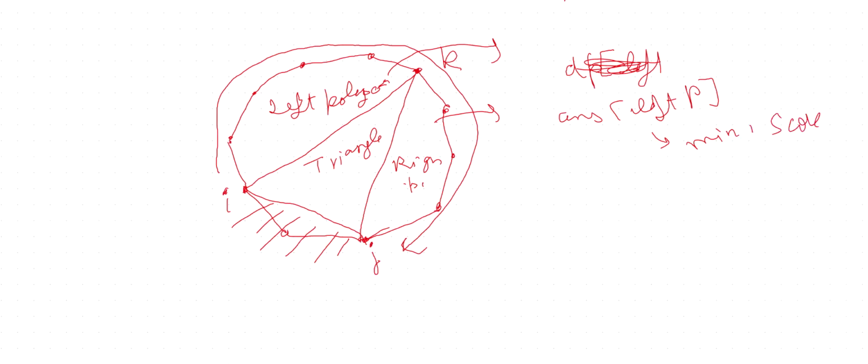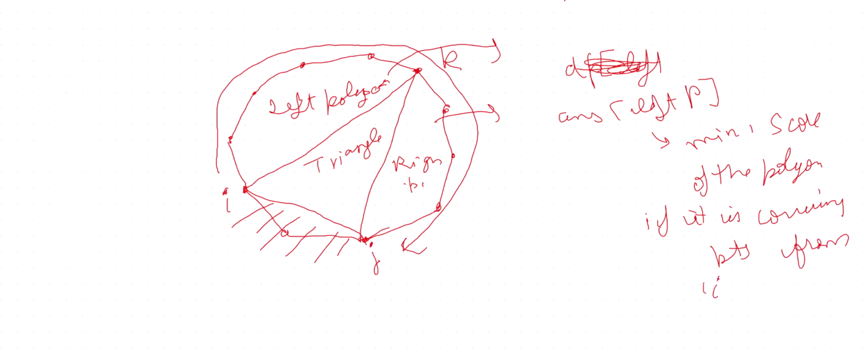Okay, so can I say that answer of left polygon means minimum score of the polygon if it is covering points from I to k.